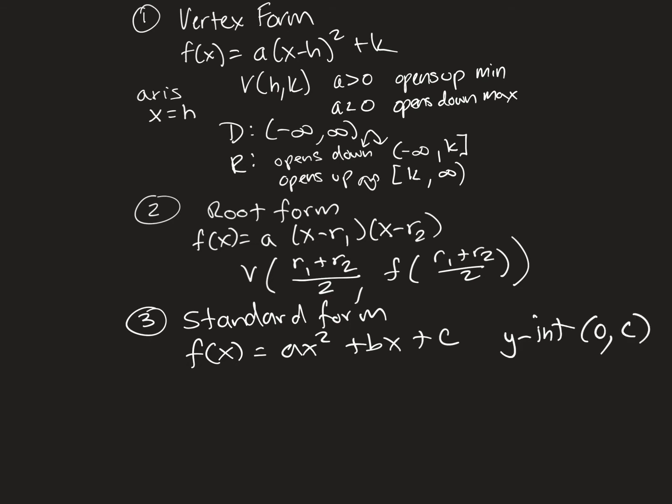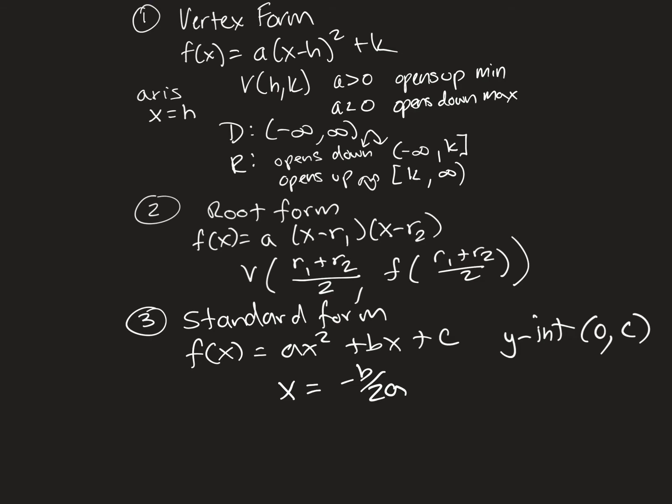But I'm going to argue we also don't have to go back to the completed square form or root form to find the x-coordinate of the vertex. If you remember how we derived it in class, the x-coordinate of the vertex is negative b over 2a. Particularly if I have some ugly coefficients of x squared or b, I'm going to want to use negative b over 2a. I don't want to complete the square, and certainly don't want to try to find the roots, because those could be ugly too.